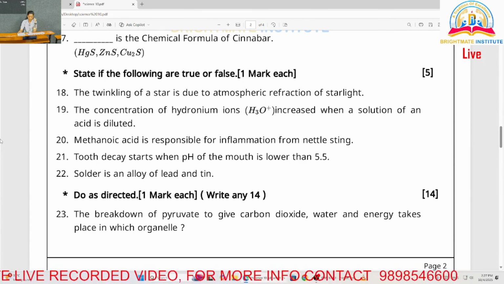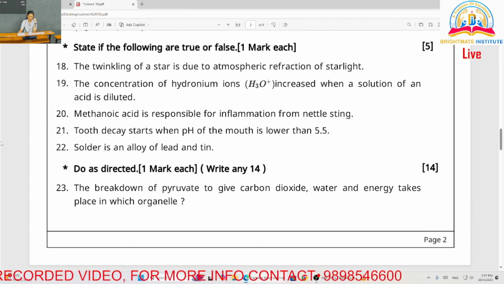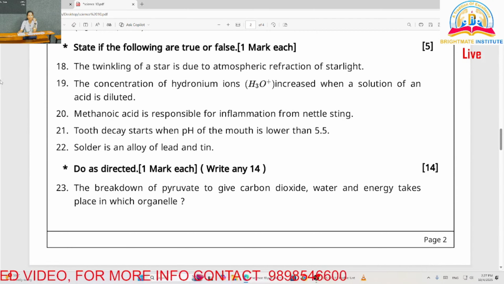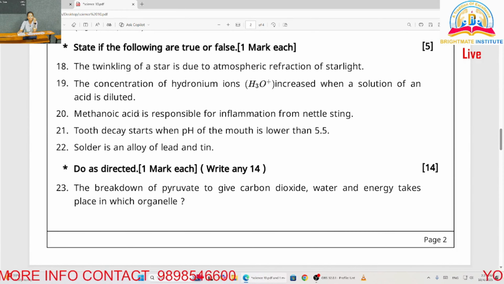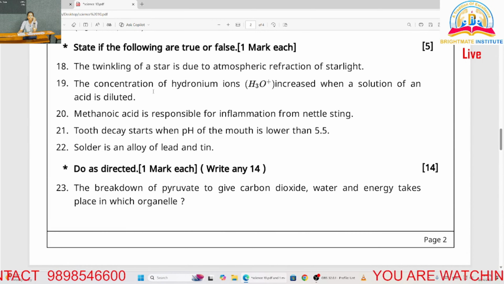Number 20: methanoic acid is responsible for the inflammation of a nettle sting. When a nettle stings our body, an acid is injected, and due to that pain and irritation occur.